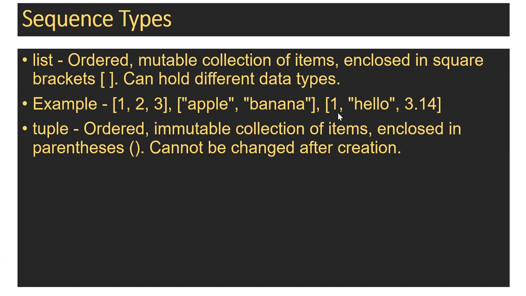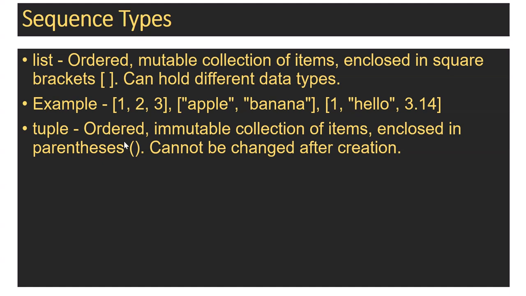As you can see, the first element is an int numeric type, then we have a text type, which is a string, a sequence of characters, and then a float numeric type. So that's why we can say a list can hold different data types, a mixture of numeric and text types.